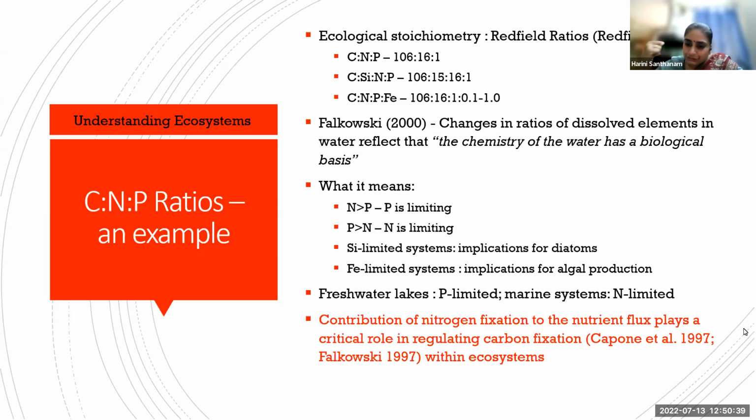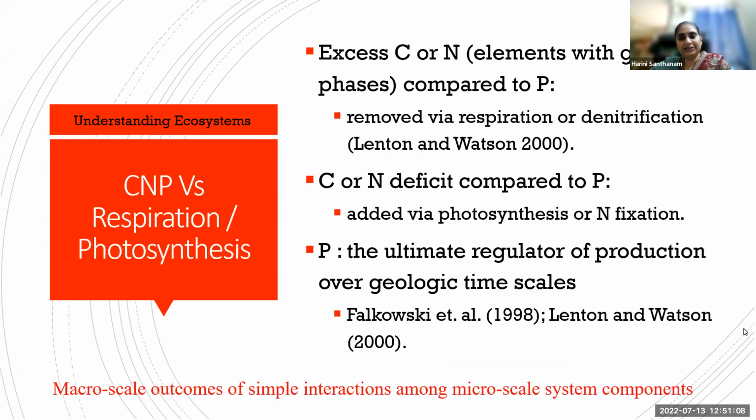So the contribution of these abiotic factors, one we saw from the structural aspect, and now we are seeing from the functional aspect. Structural aspect we saw from the physical processes, and the functional point of view from the chemical processes. Both have a biological basis through which they are formed and through which they will be degraded. So the self-regulating mechanism of the ecosystem is another concept which is embedded in our understanding of these CNP ratios.